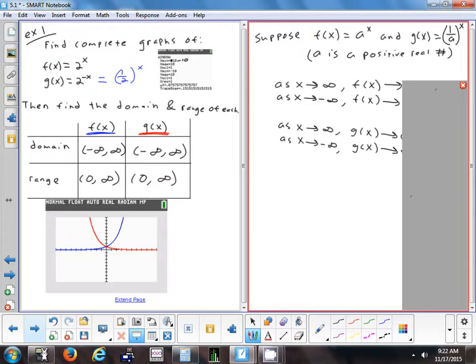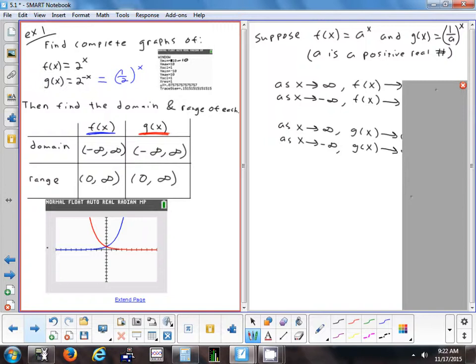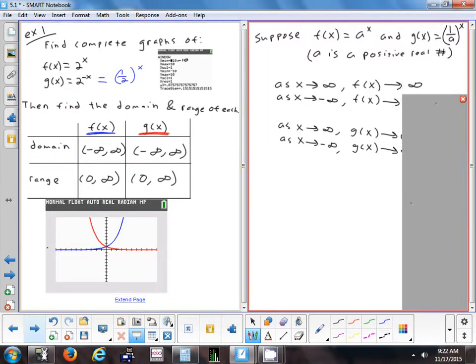It gets bigger and bigger. As x approaches negative infinity, what happens to y on the left side? It approaches 0.